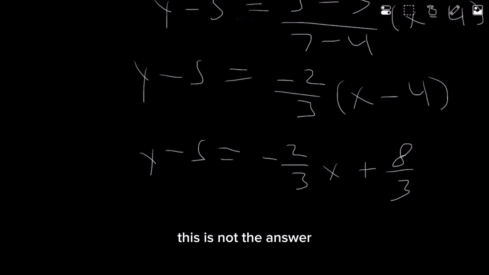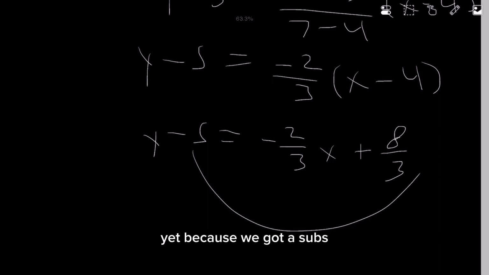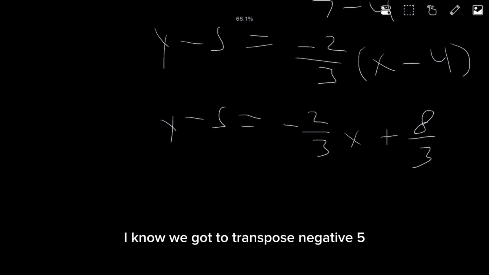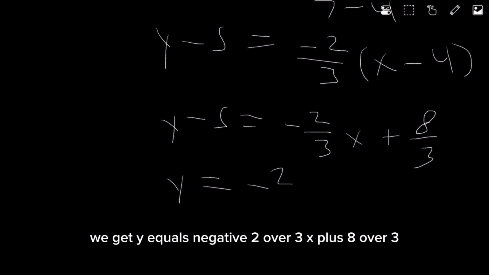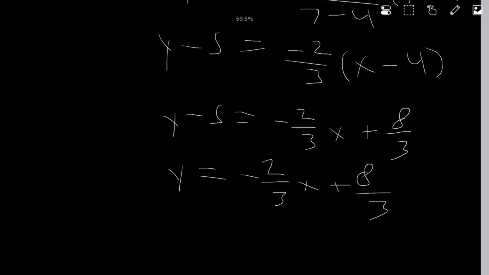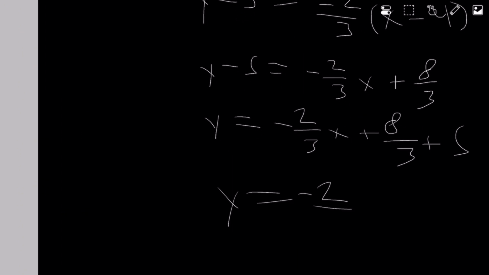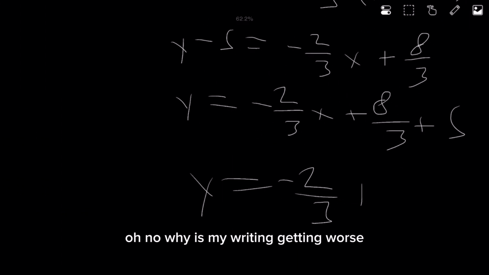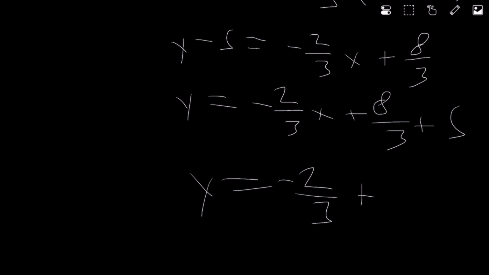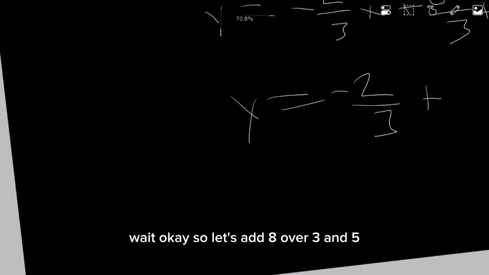This is not the answer yet because we have to transpose negative 5. We get y equals negative 2 over 3x plus 8 over 3 plus 5. Why is my writing getting worse? So let's add 8 over 3 and 5.